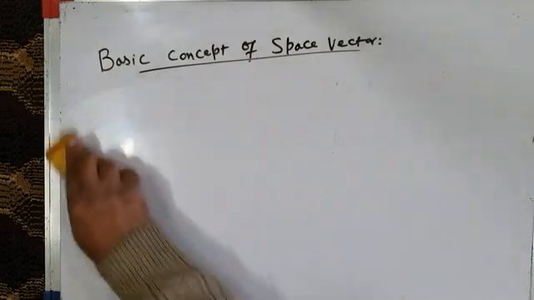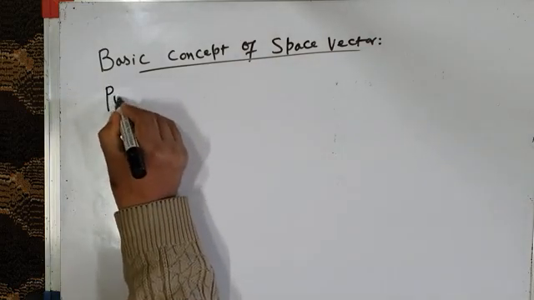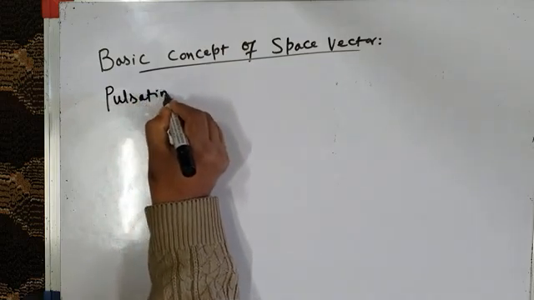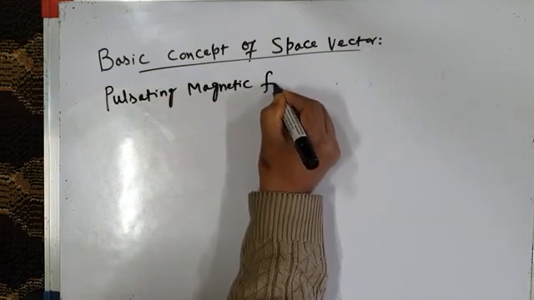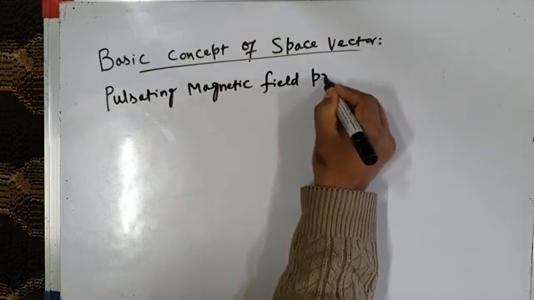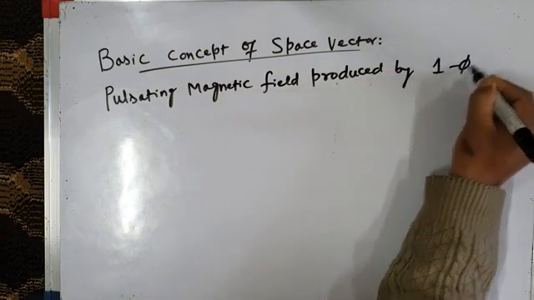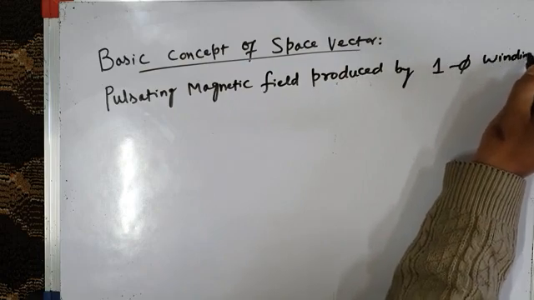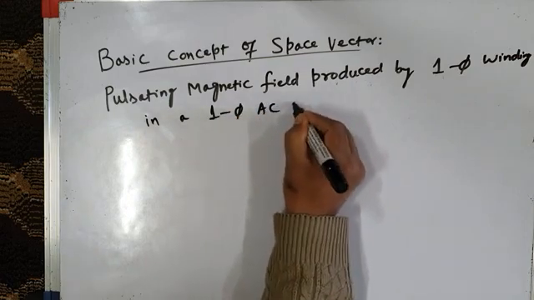Let us start with the pulsating single-phase induction machine. We know that a single-phase induction motor does not produce a rotating magnetic field, but it produces a pulsating magnetic field. We will start from the basics. So, pulsating magnetic field produced by a single-phase winding in a single-phase AC machine.